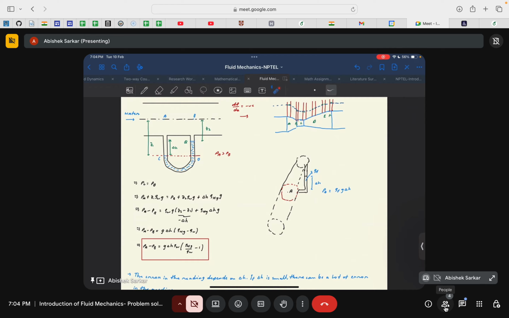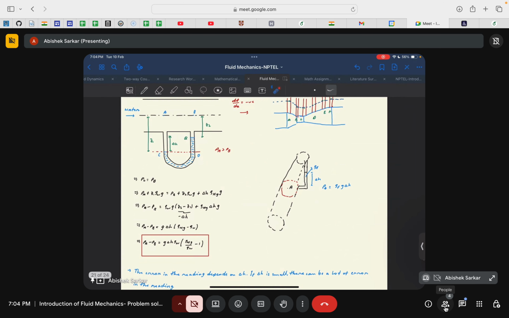The liquid used for measuring the pressure difference is mercury. Mercury is from the reference height CD to point Q, which is delta H. So this is the height of the mercury column from the reference height. All of this we have noted down.